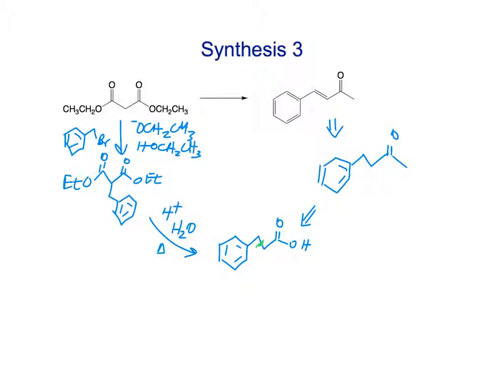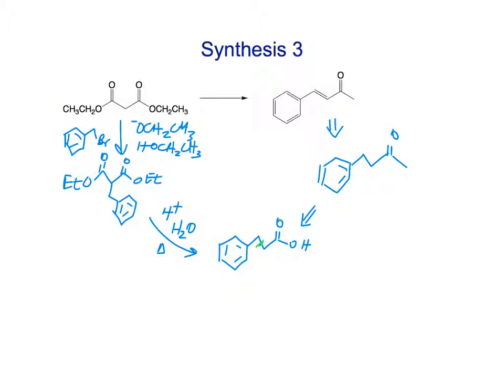All right, so the question then is, how do we get from the carboxylic acid to the methyl ketone? This was kind of a thing similar to what was on the exam, right? This kind of chemistry.